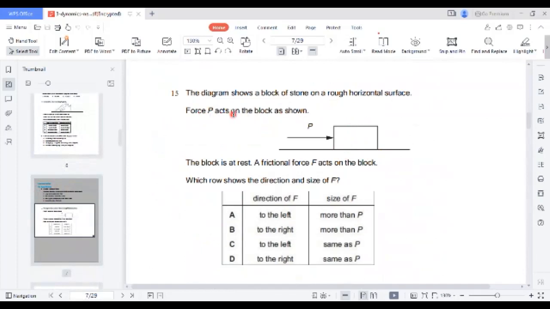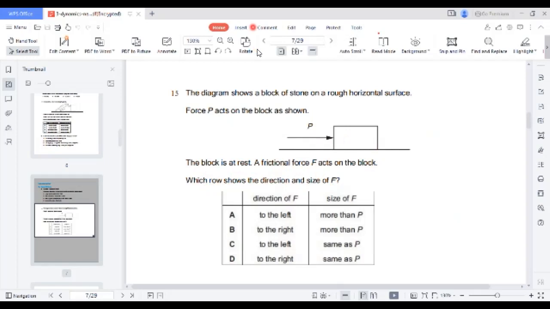Force P acts on the block as shown. P means 10, 15, 20, whatever; there would be a number represented by P. The block is at rest, which means its velocity is 0. Friction force F acts on the block. Which row shows the direction and size of F?